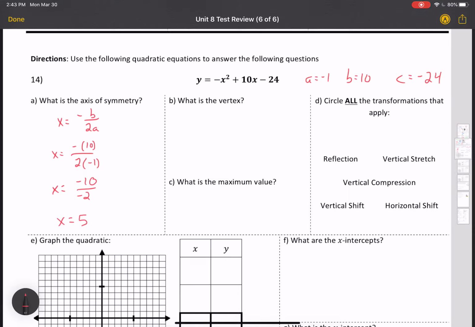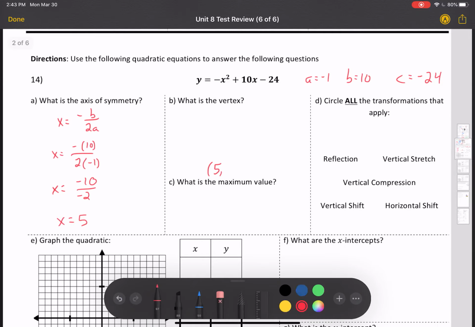So to find the vertex, I know the x coordinate is going to be 5 because that's the axis of symmetry. To figure out the y coordinate, I'm going to plug in that 5 every time I see an x. So we got negative, then I plug in 5 squared, plus 10, I plug in 5, minus 24.